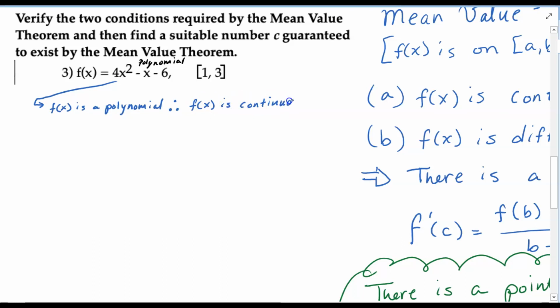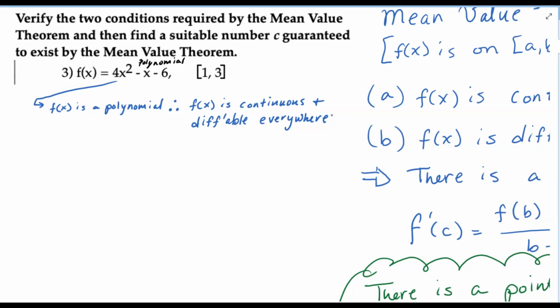So give me a chance to write that down. So it doesn't matter that we're restricted to this interval. Anywhere we're going to find that it's actually continuous and differentiable. So 1 to 3, 2 to 4, anywhere you're looking, it's continuous and differentiable. The conditions are met, in other words, for the theorem.